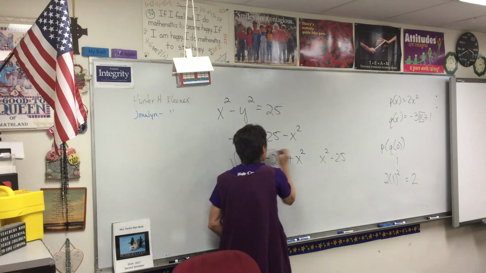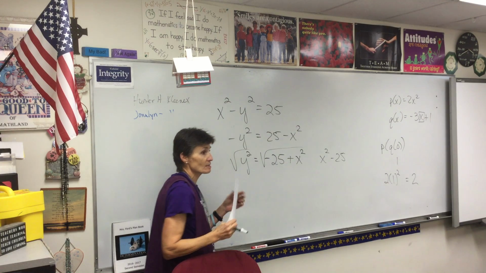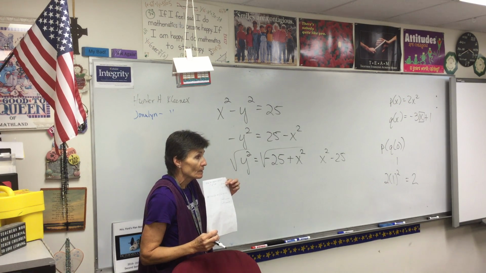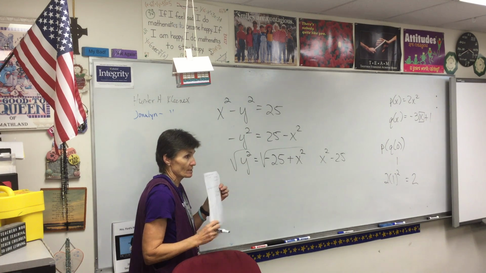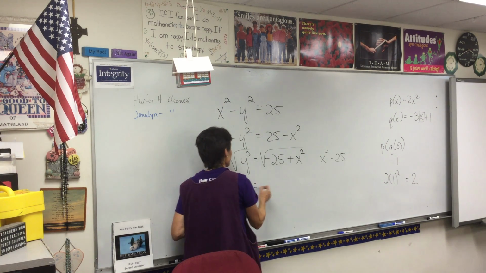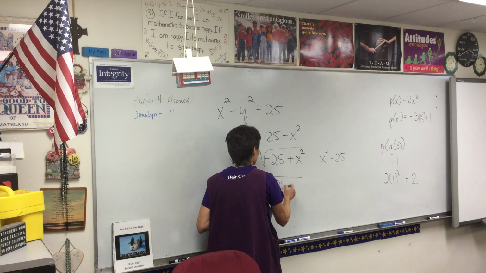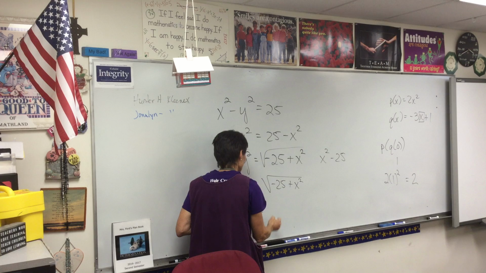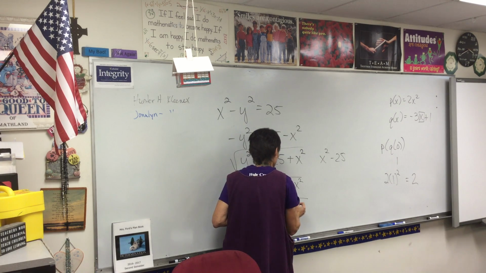Square root. And notice, this practice test is formatted just like your test. See the answer blanks over here, folks? Y equals, Y equals. So your 2 answers are the square root of this, and what's the other one? Negative square root.